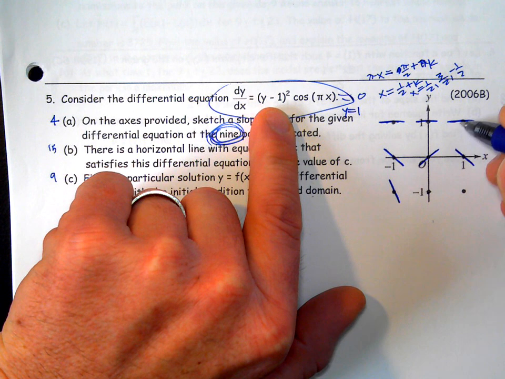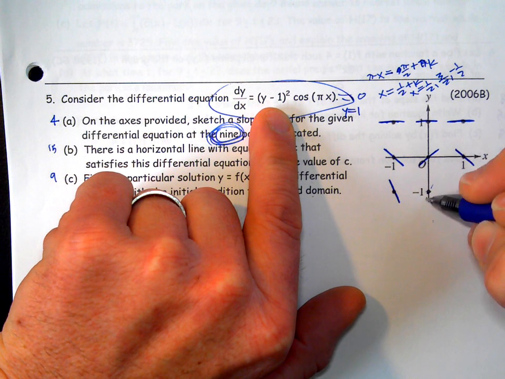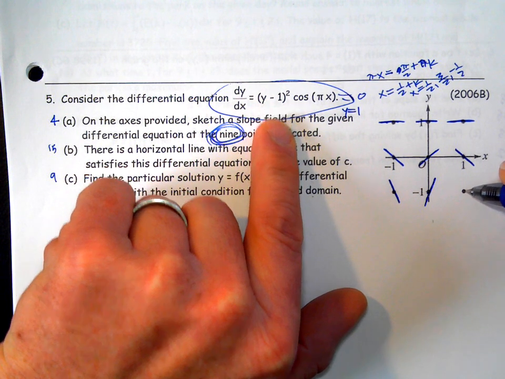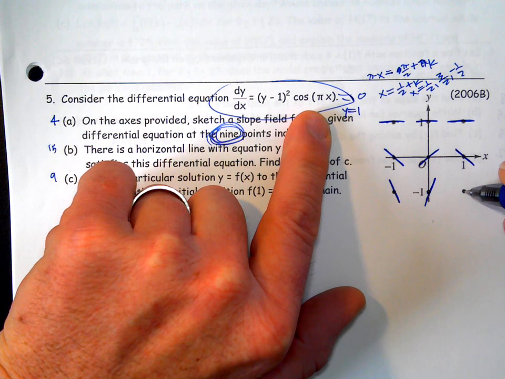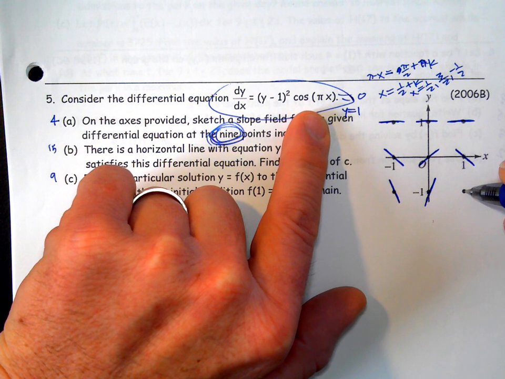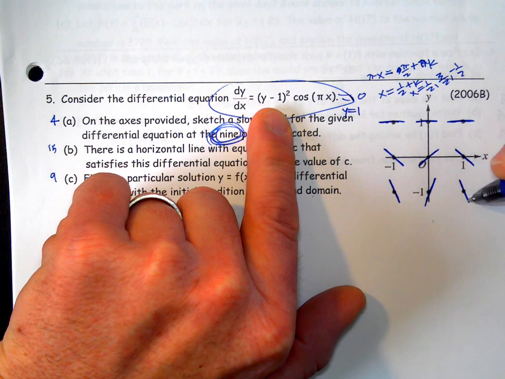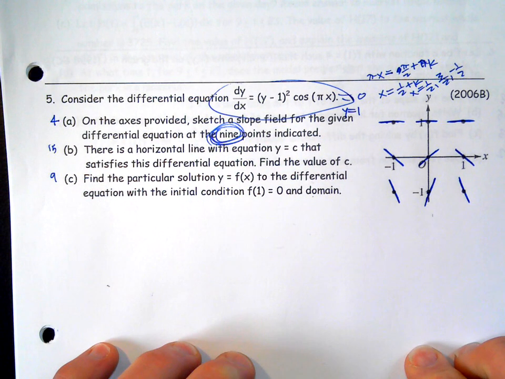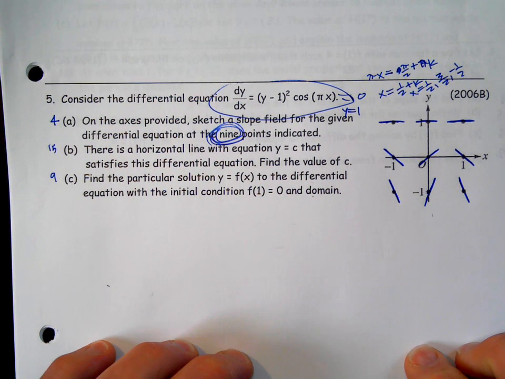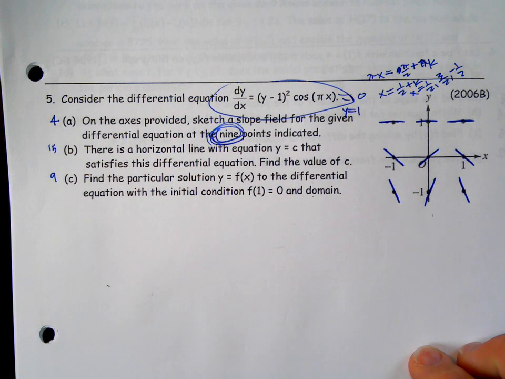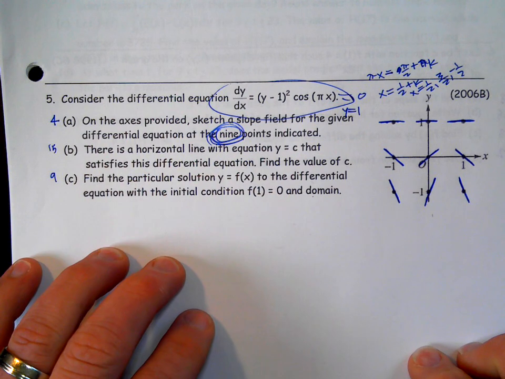So that one's going to be positive 4. This would be a slope of 2, so it should be even steeper than that. And then at (1, negative 1), cosine of pi is negative 1 times 4 is negative 4. So it's going to look like that. It's kind of a weird slope field. Usually there seems to be a little more nice flow from one point to the next, but that's it.